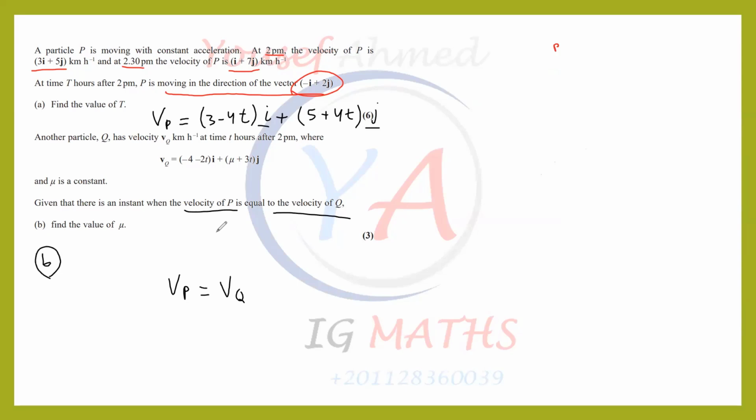So you'll equate (3 minus 4t) i added to (5 plus 4t) j, equated with (negative 4 minus 2t) i added to (mu plus 3t) j.